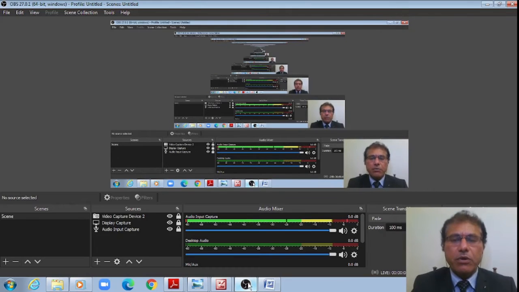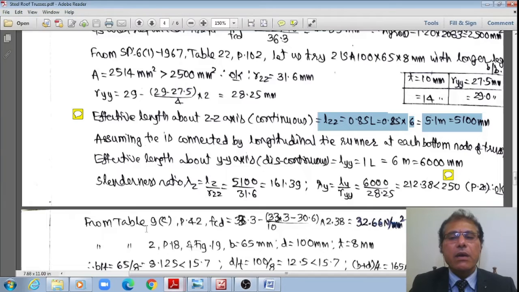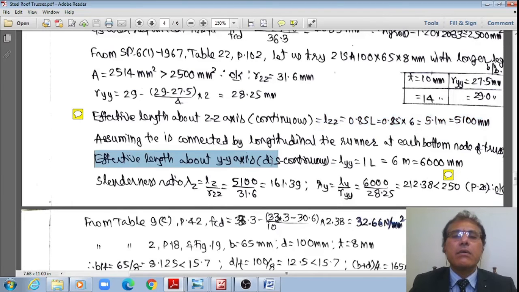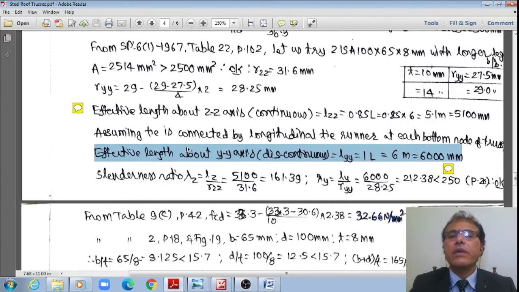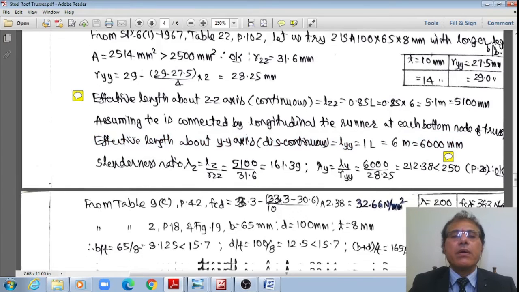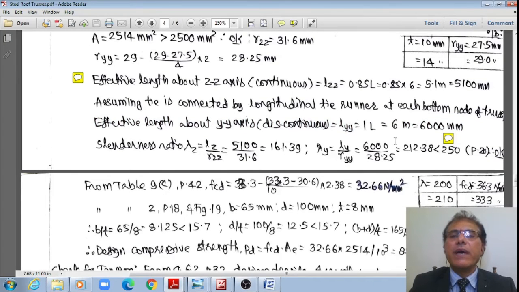However, about the other axis, because of the discontinuity, LYY is equal to 1 multiplied by L, that is 6 meter.